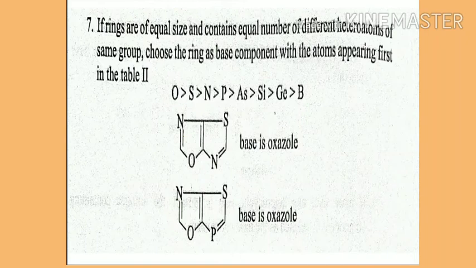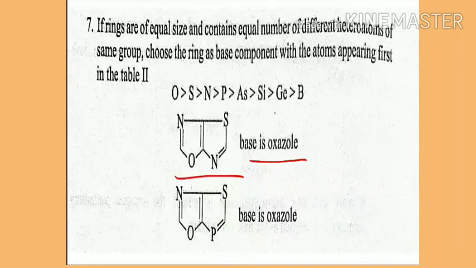If rings of equal size contain an equal number of different heteroatoms of the same group, choose as the base component the ring with the atom appearing first in this order. So here both rings are 5-membered. The base component is isoxazole, because oxygen appears first in the order of preference.